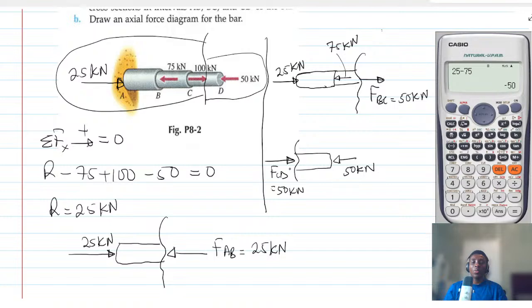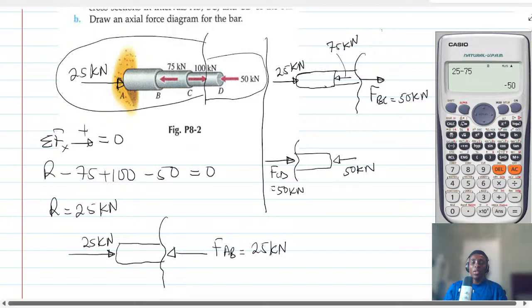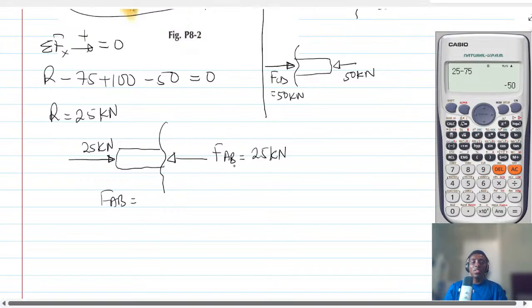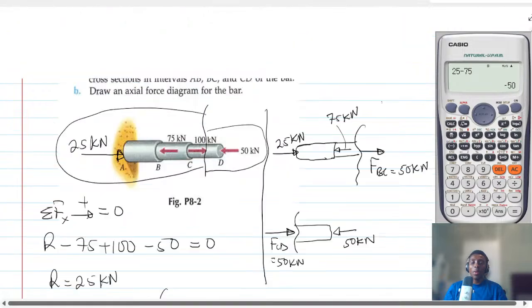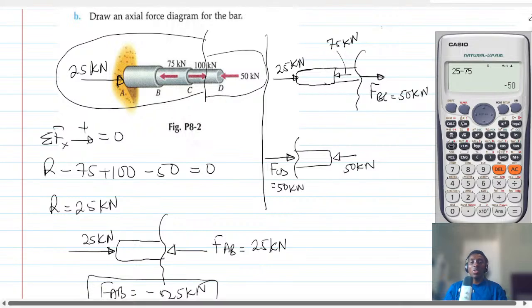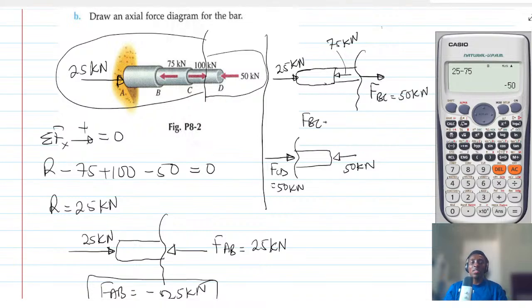That's simple. So in effect, the force in member AB, which is FAB, is going in the negative direction, so it will be minus 25 kilonewton. The force in member BC is going in the positive direction, so FBC will be 50 kilonewton.